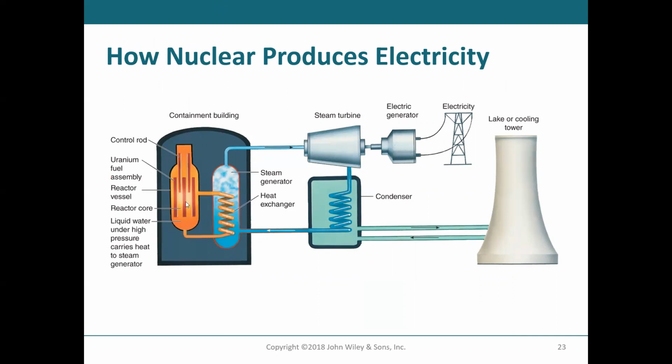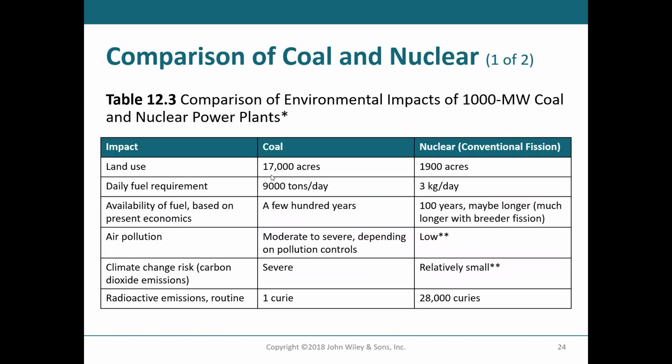I'm sorry, no. There is the heat exchange and the heat and the energy that comes off from the nuclear reaction, which heats the water right here. Then that water becomes steam, which then powers the engine turbine. And then that steam powers the electric generator, and that's how you get electricity. The water then goes into the condenser and then can be reused. So it can be a closed process.